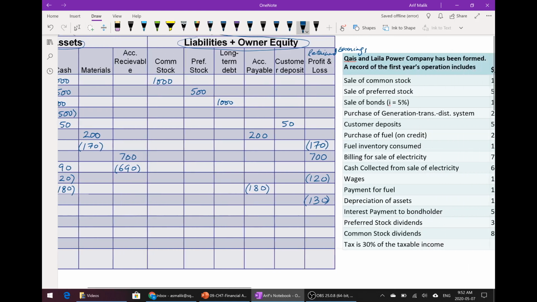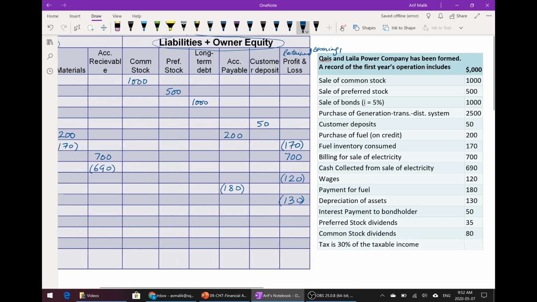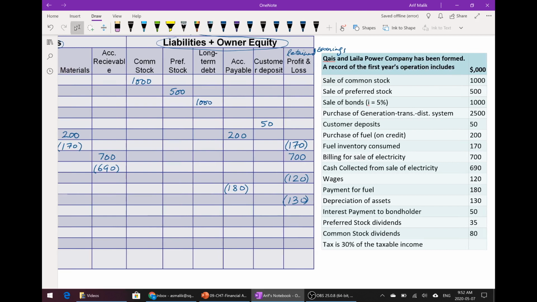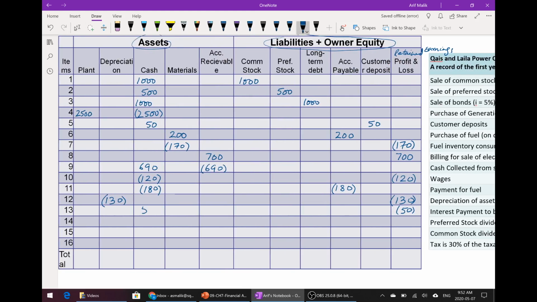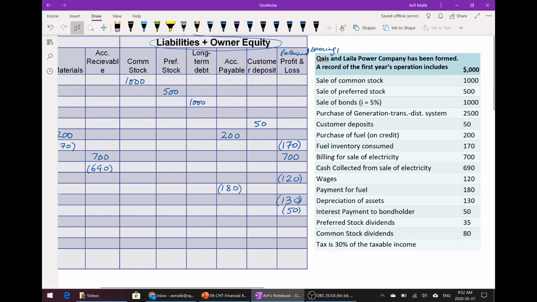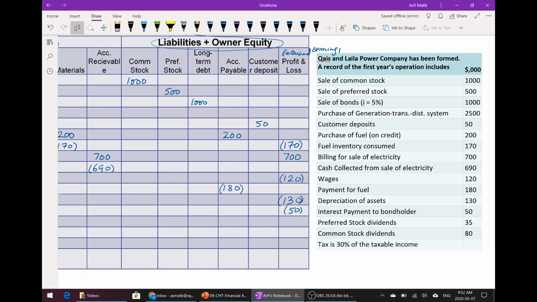The next is interest payment to bondholders, it is 50. So we paid the interest, and again this is an expenditure. We say 50 is gone from our pocket, or expenditure is there, and of course the cash is gone from our pocket. Preferred stock dividend is 35.